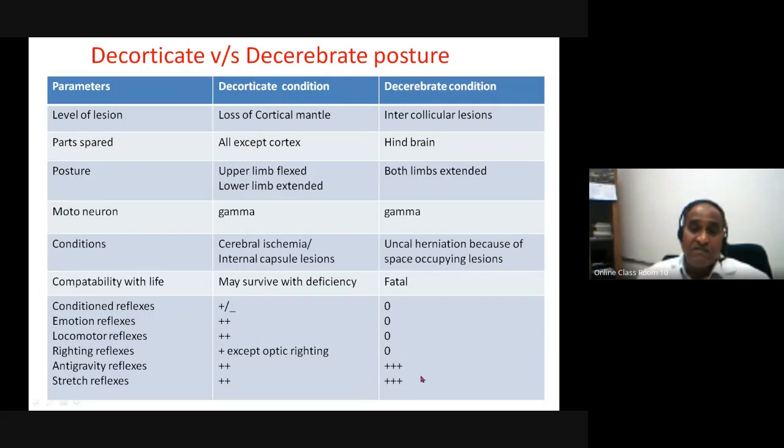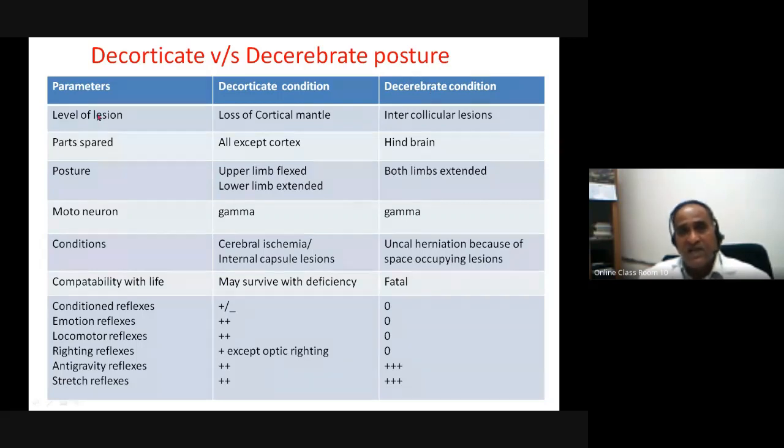This increased tone, hypertonia, is known as spasticity. It is different from the rigidity seen in basal ganglia lesions, where both the agonist and antagonist groups of muscles are involved. These are the differences between the decorticate and decerebrate preparations.